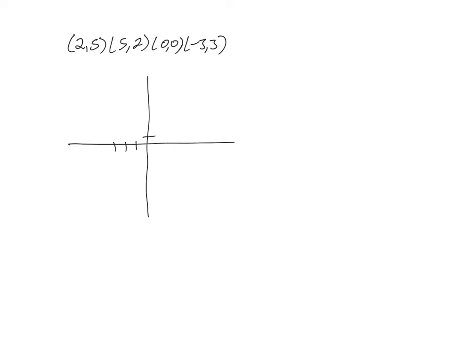So negative 3, 3, 0, 0, 5, 2, and 2, 5. So it may not look like it because of the graph not being on graph paper or whatever, okay?